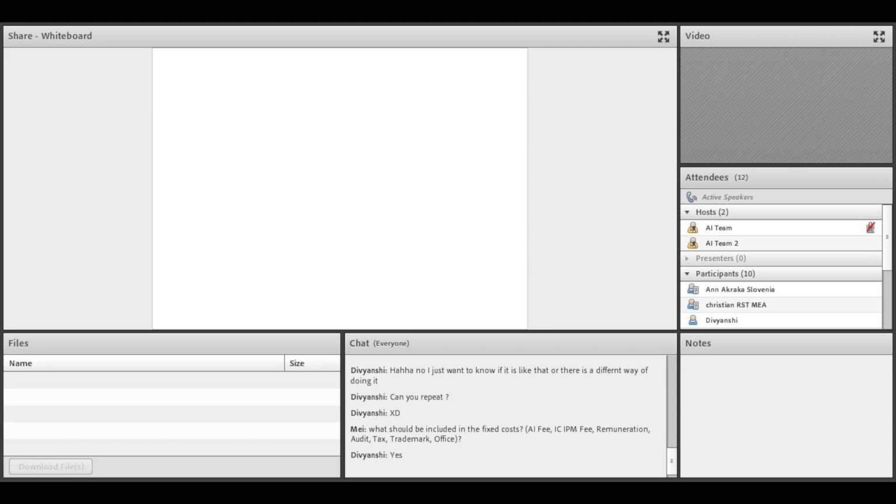Now, question: what would be the ideal percentage that would be covered in the fixed cost part for the distribution model? I would say that you should have the minimum percentage of the fixed costs, ideally related to the fixed cost in the budget.